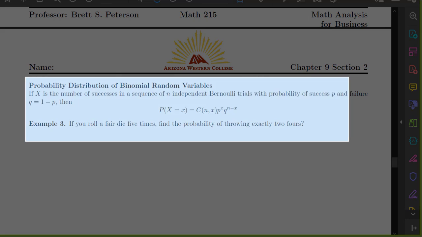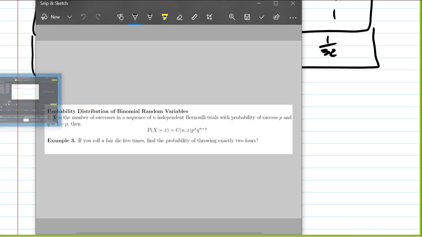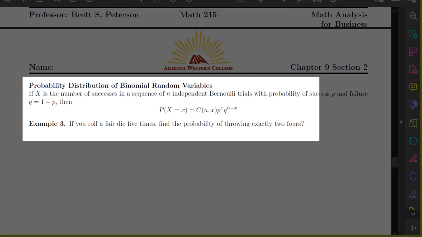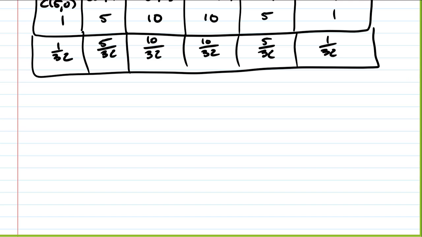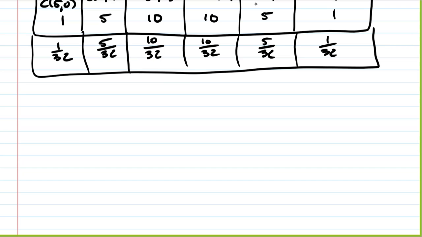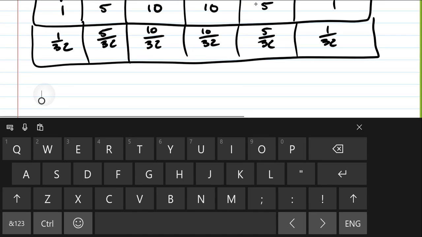So first of all, I know this formula looks a bit intimidating when we start. This formula is exactly what we just did. It just gives us a formulaic way to calculate it as opposed to going through and counting all of the things individually.